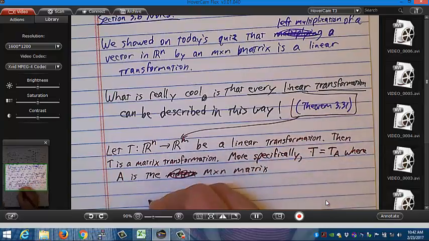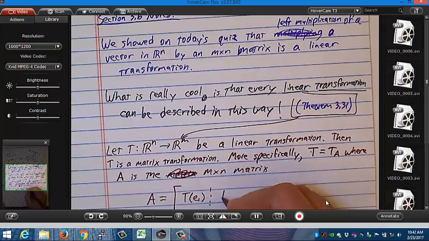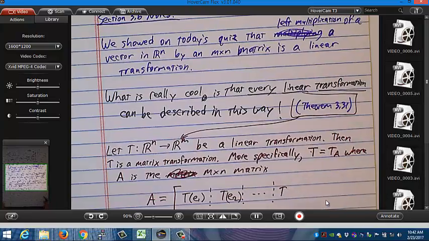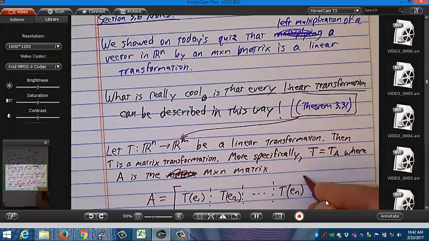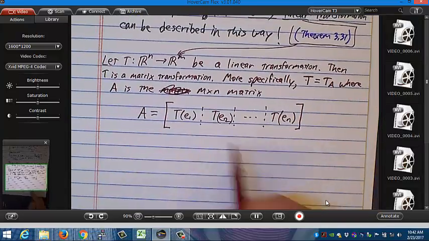Here it is. A is, the first column is TE1. The second column is TE2, dot, dot, dot. And the last column, how many columns are there? N. So the last column would be TEN. And just to remind you guys, do you know what I mean when I say E1 or E2?